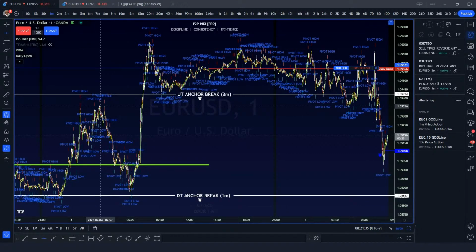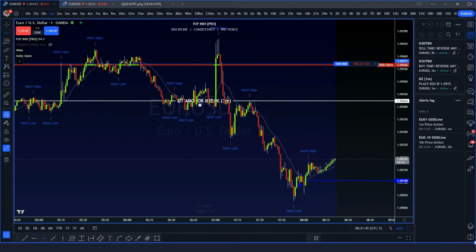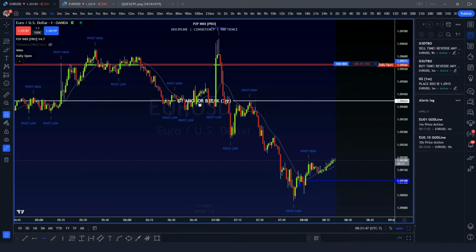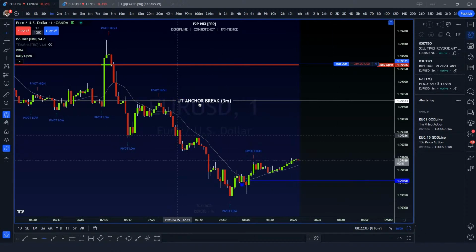Oh, yes, there is. Is it? No, that's not a great area. Let me see here. So this candle right here tells me we're going to get a little pullback.